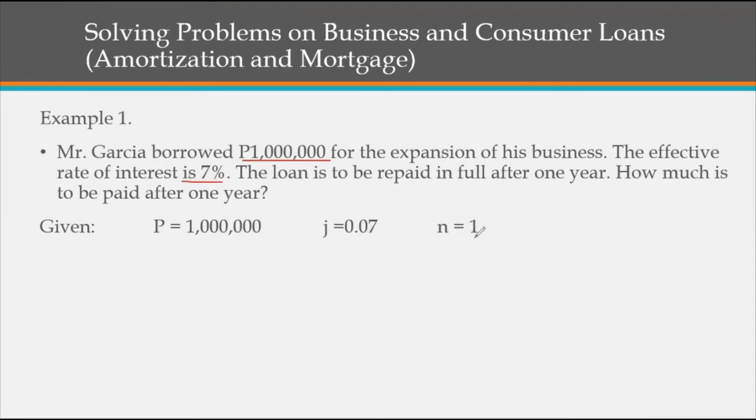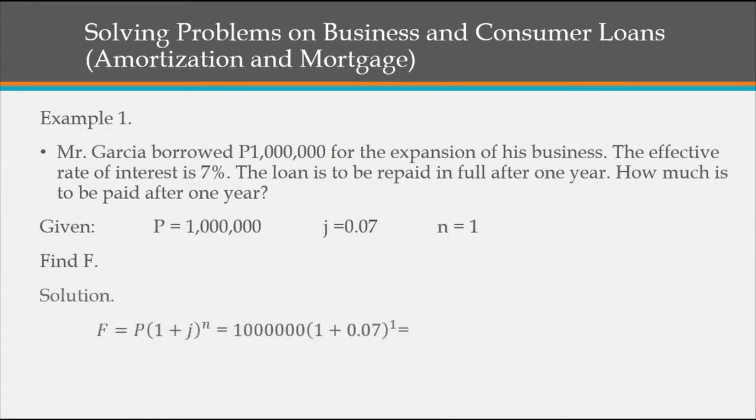Then, ang ating period ay 1 year or annual. So, 1 lang. Binanggit after 1 year. Siyempre, pag in-analyze mo itong scenario nito, lumalabas lang yan na parang simple interest, no?